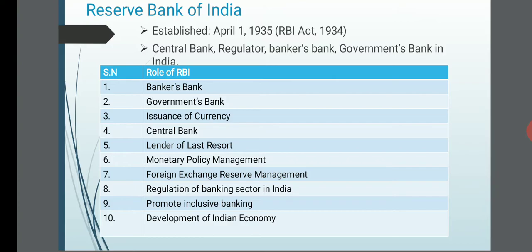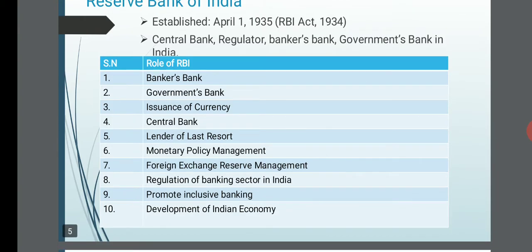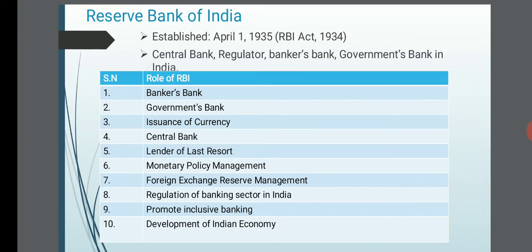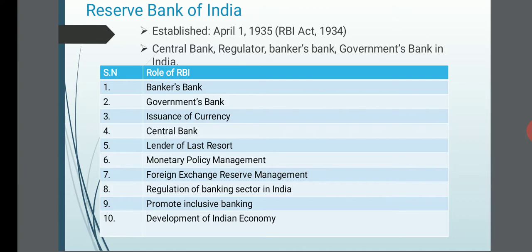It is a central bank, a regulator, under whose umbrella other banks are functioning. Lender of last resort. In case the banking sector faces a crisis, if some bank wants funds, they can ask the Reserve Bank of India for loans.